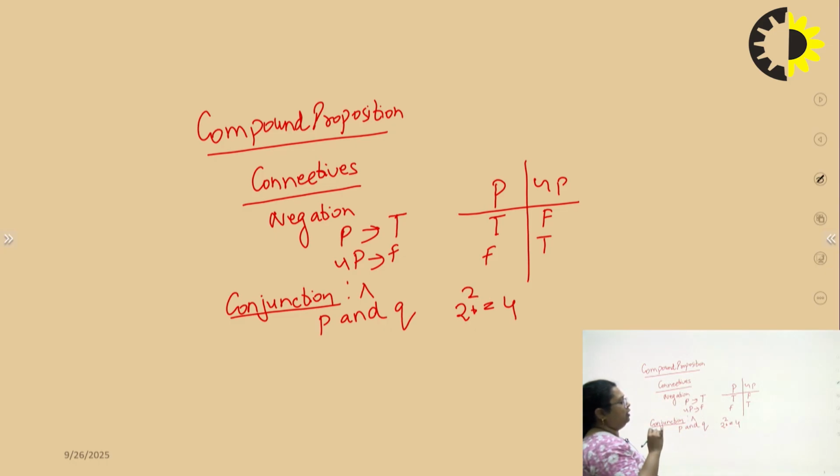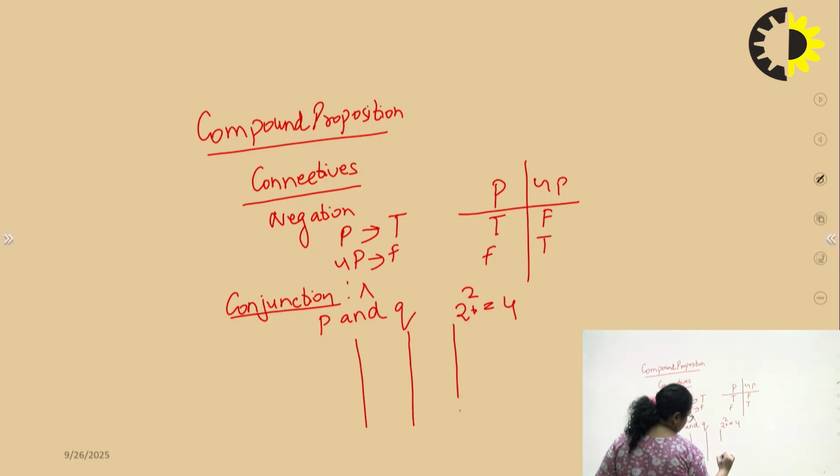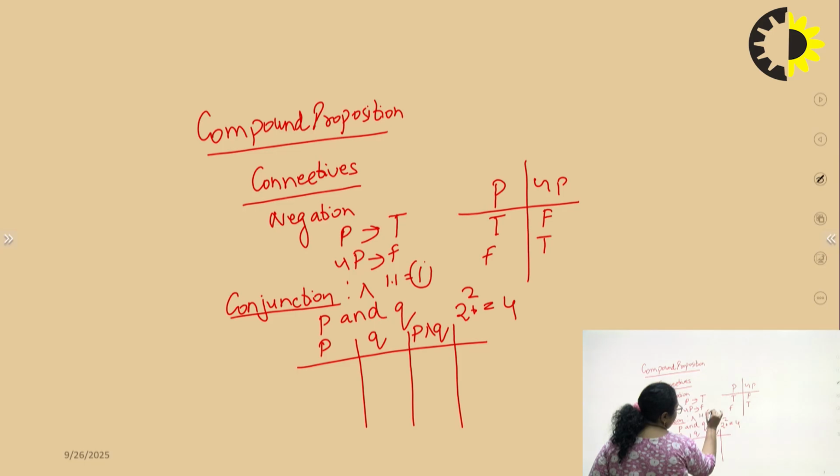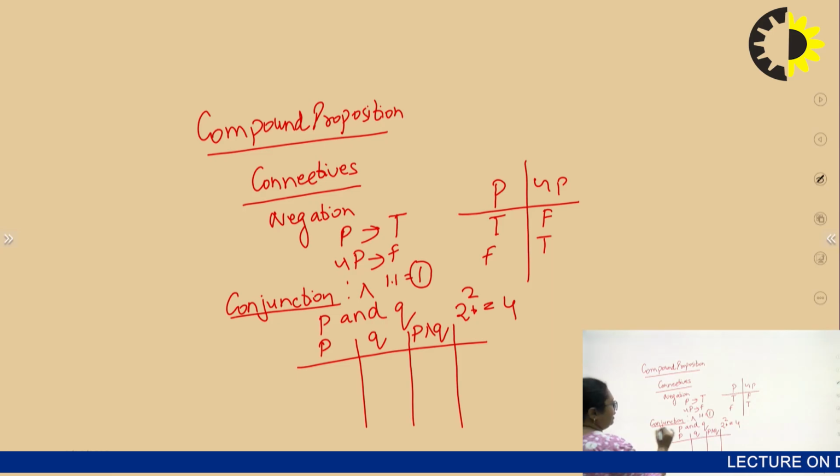So in the truth table, we will take 4 cases: P, Q, P conjunction Q. P conjunction Q gives 1 only for 1, 1, that is 1 into 1 gives 1, otherwise it gives 0 for all the other values.